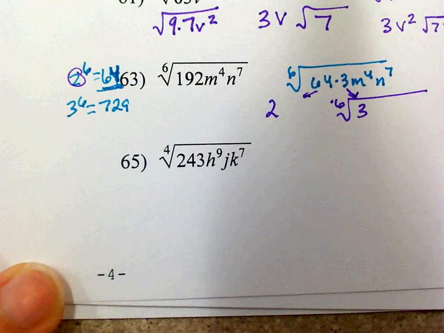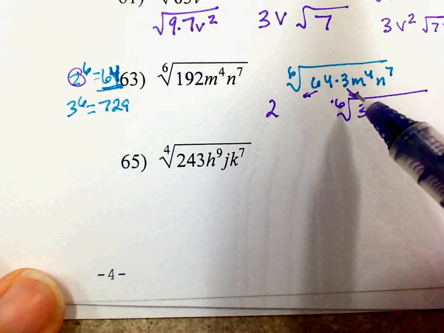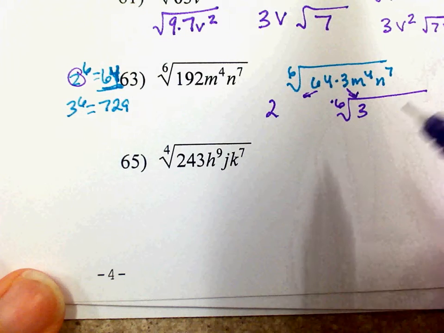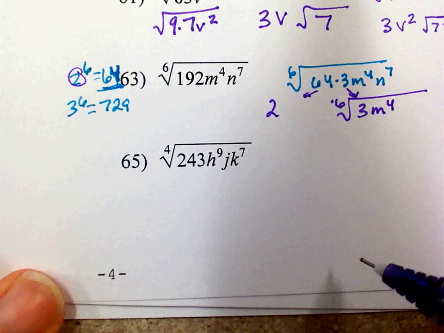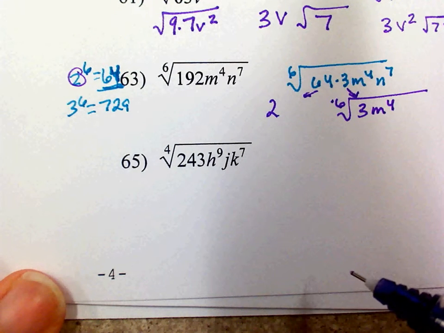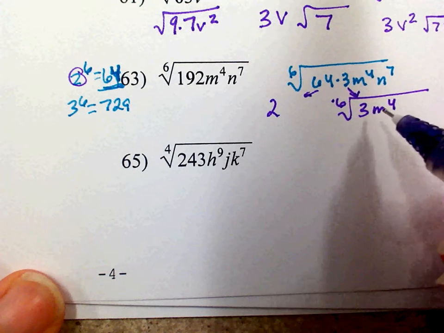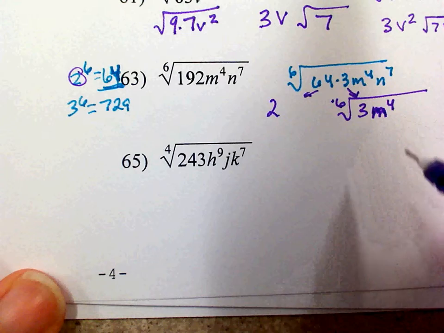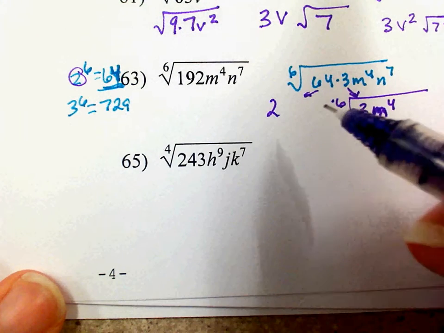How many times does 6 go into 4? It doesn't. 4 goes into 6. Maybe you're thinking 2s, I don't know. Yeah, it's the power of 4. M to the 4th power. Okay, how many times does 6 go into 7? Once with 1 left over.